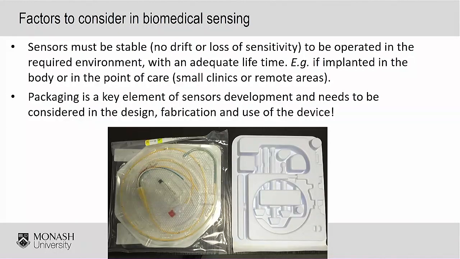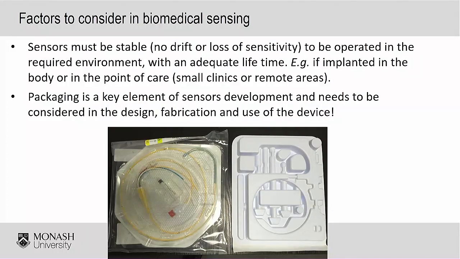So your sensor, you will design it to have a lifetime, and it needs to be stable during that time. It's very important that you can do that. For sensors that are only implanted short term, it's not such a huge issue that you have to worry about. But long-term implantable sensors need to be quite reliable. And packaging can be a key element of this. It also needs to be considered in the design, fabrication and use of the device.